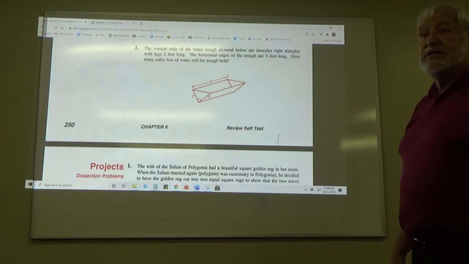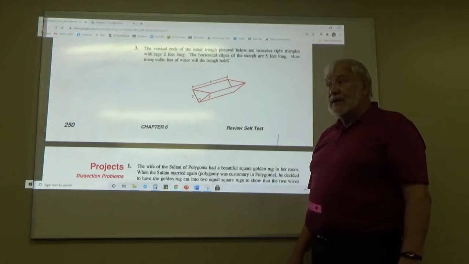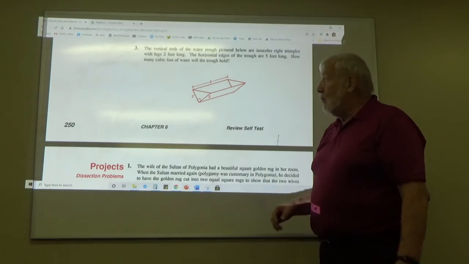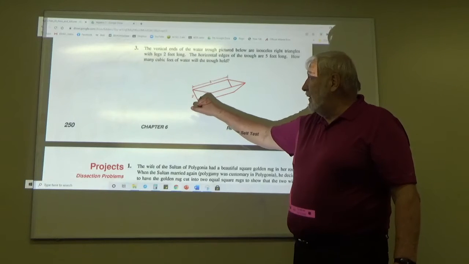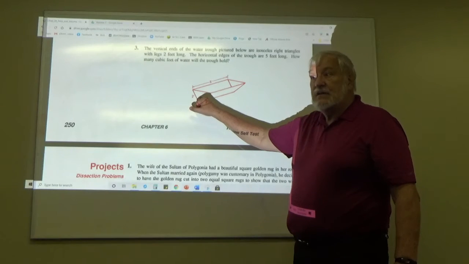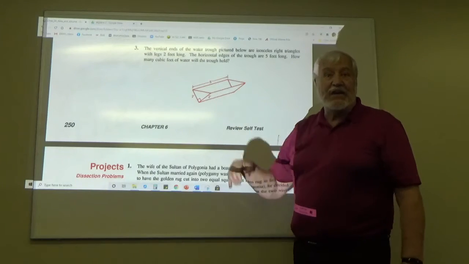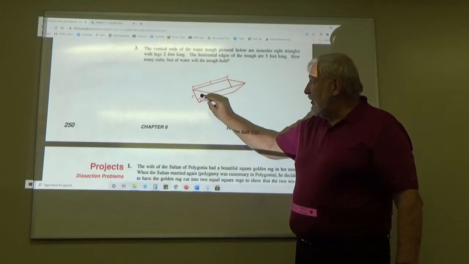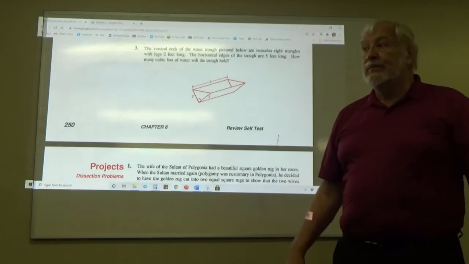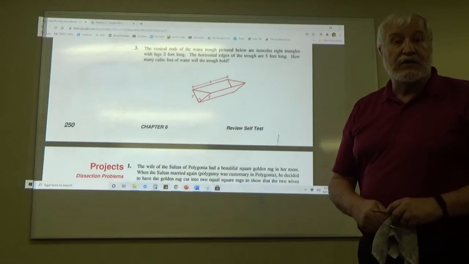All right, because this is a pyramid turned upside down, we have two ways to do it. One is that we take the area of this triangle and we stack 5 feet higher. So can we get the area of that triangle? Now look at it, you see the right angle in it?